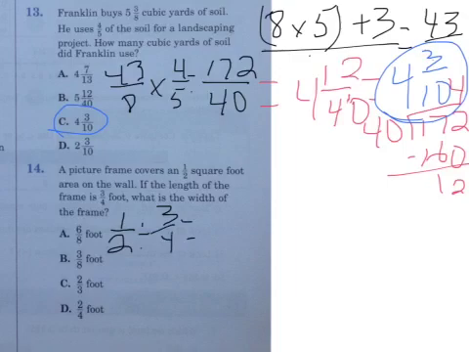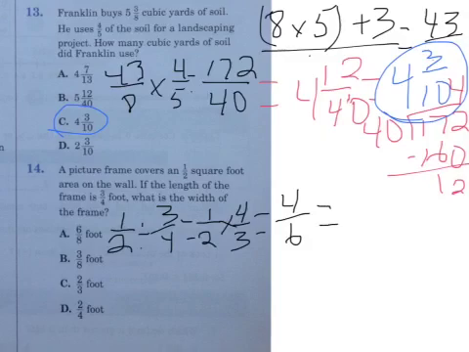So we know we are going to flip our number. So we're going to say 1/2, and we're going to multiply that by 4 over 3. Just multiply that out. 1 times 4 is 4. And 2 times 3 is 6. So we know there again that we can reduce. And we know by looking at this that 2 is my favorite number to always simplify by.